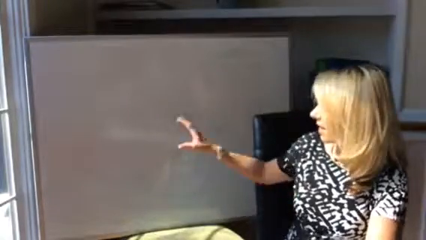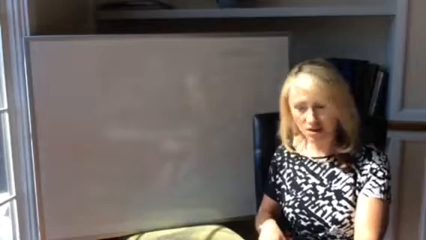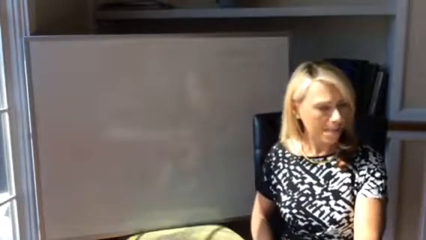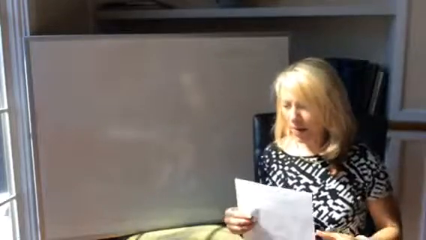So I want to create a hierarchy of prompting for you, something that you'll see over time. Remember we talked a little bit about how we create our program sheets, so we went through that diagnostic process of looking at the VB-MAPP or the ABLLS and figuring out what skills they need.